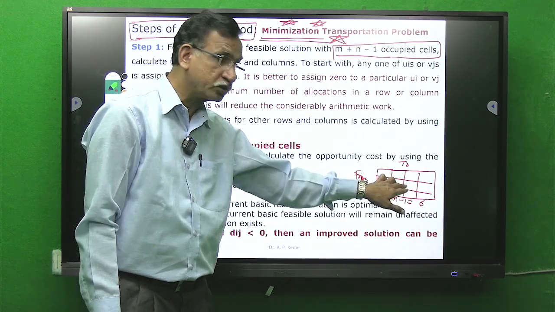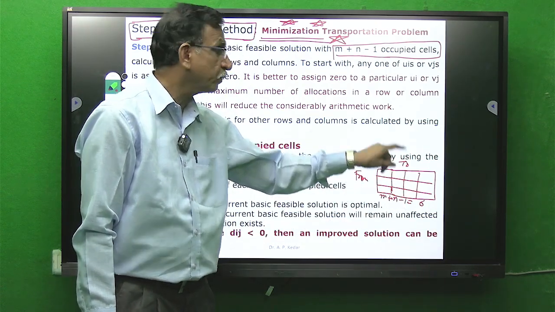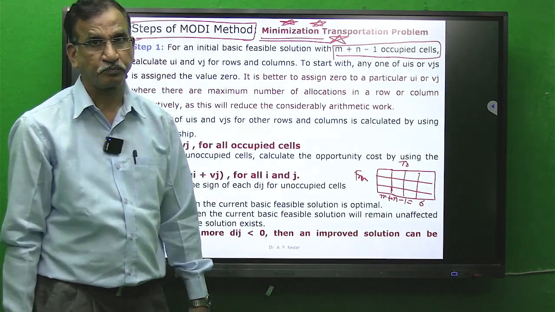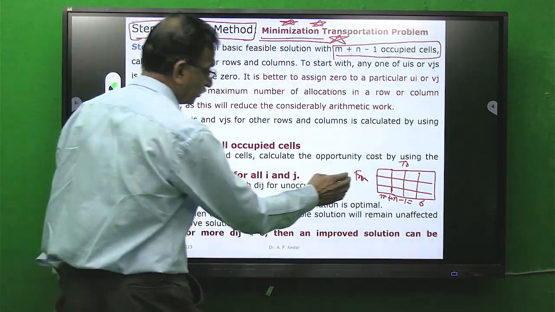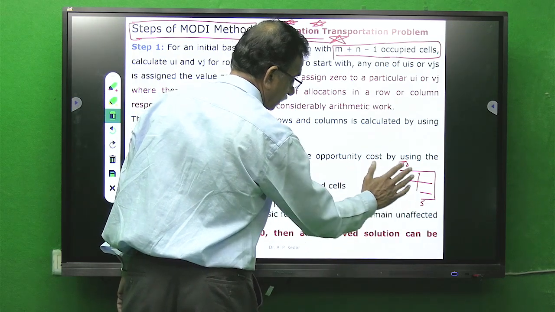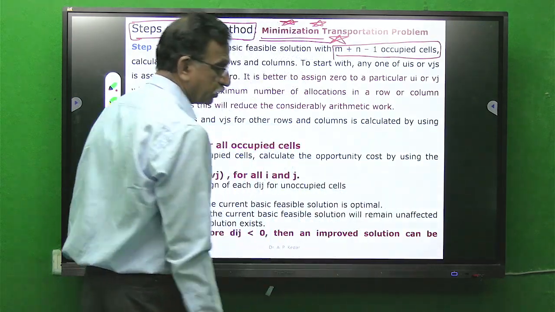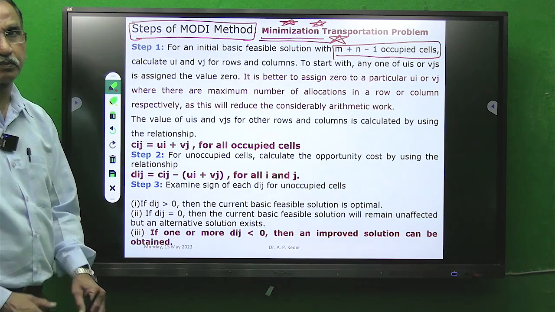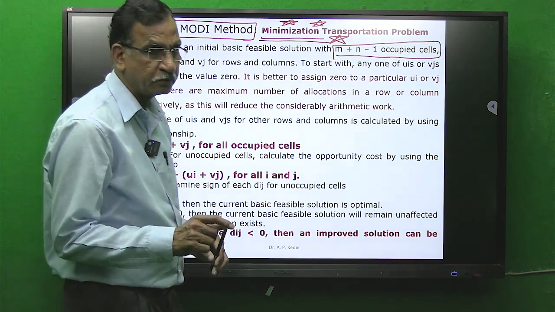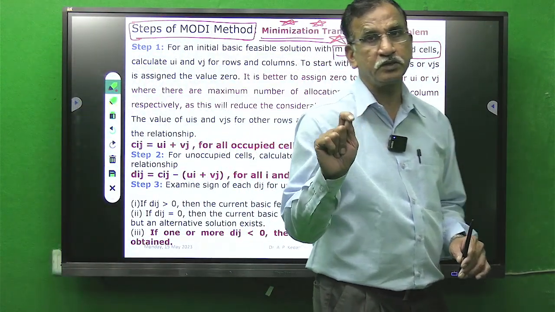If the number of allocations you get is equal to this, then only can we attempt to solve that problem. Else that is called degeneracy in a transportation problem. The word degeneracy.